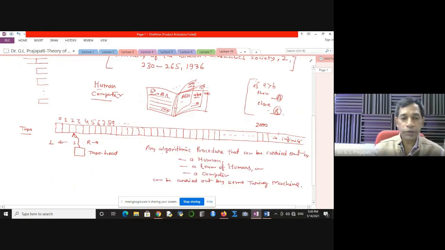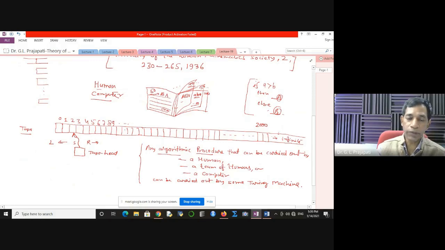Any algorithmic procedure that can be carried out by a human, a team of humans, or a computer can be carried out by some Turing machine. Means whatever you can do, or whatever a team of persons can do, whatever job can be performed by some machine, the same we can also perform with the help of a Turing machine.